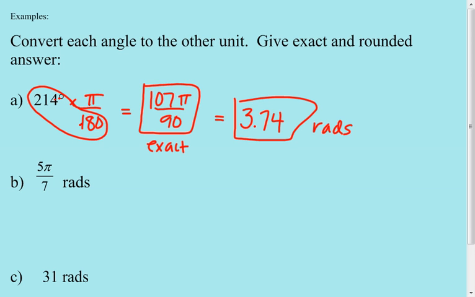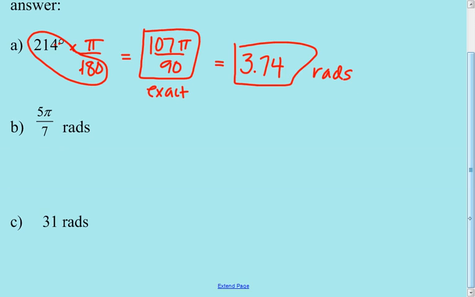Okay, the next one is in radians, and I want to get it to degrees. So if it's in radians, then I have the radians on the top right now, which means when I multiply, I want the radian part on the bottom so that they're kitty corner from each other, and the degree part on the top. What will happen is the pi's will just simply drop out. And again, you'll have 5 times 180 divided by 7.